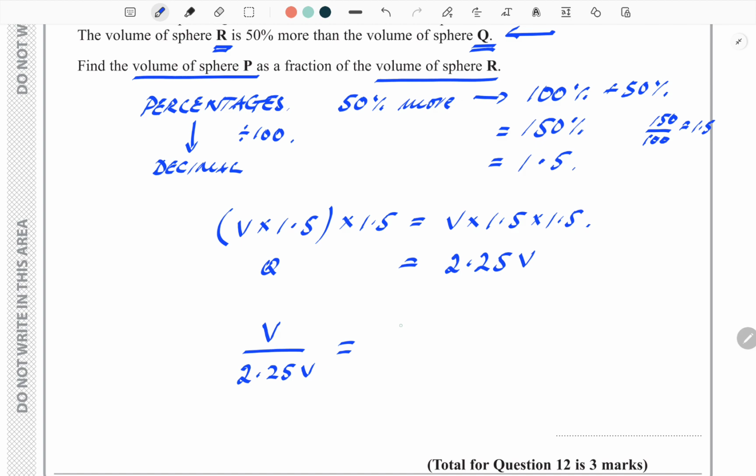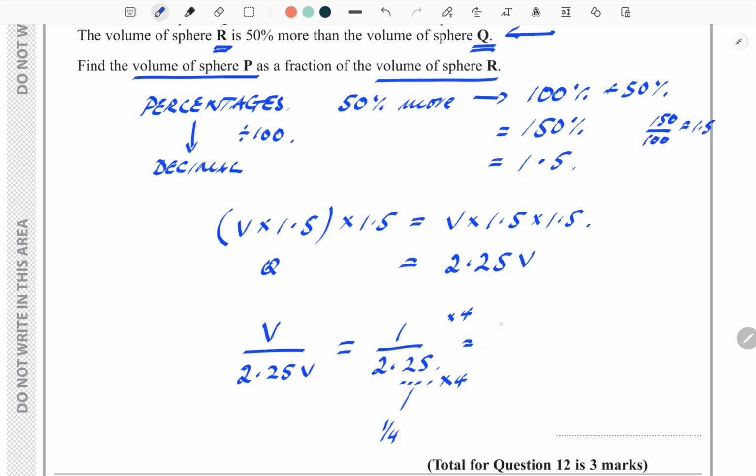So the V's cancel. All we want is a fraction, 1 over 2.25. What do we do to this to make it into a proper fraction? Well, we can see we have 2.25. Remember, 0.25 is the same as a quarter. If we want to turn that into a whole number, we have to multiply top and bottom by 4.